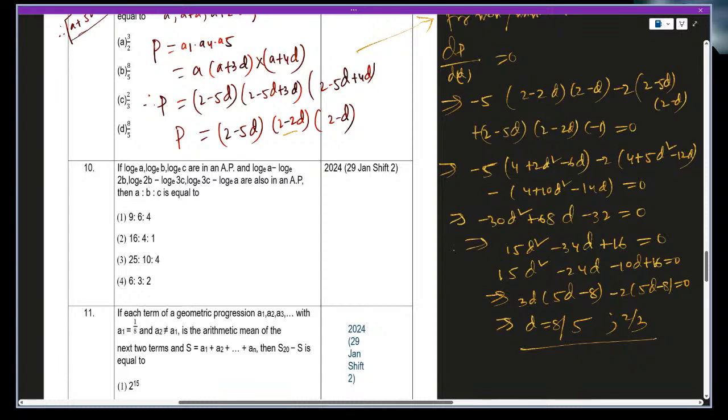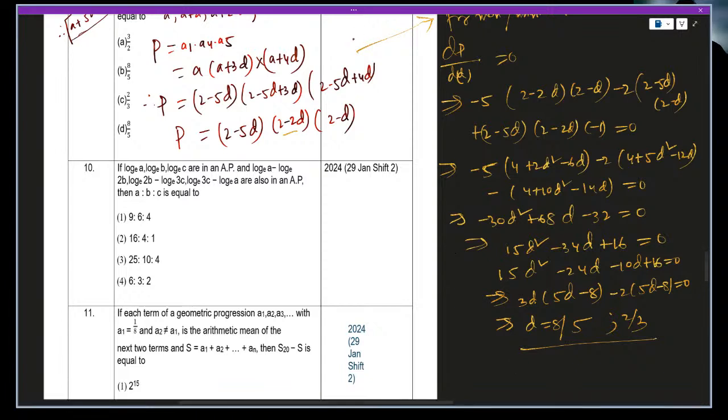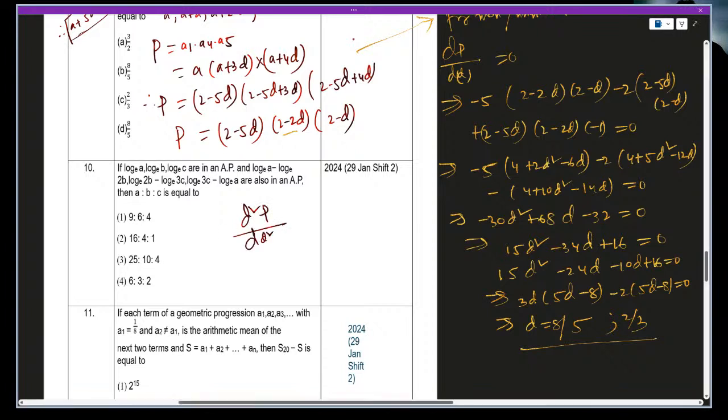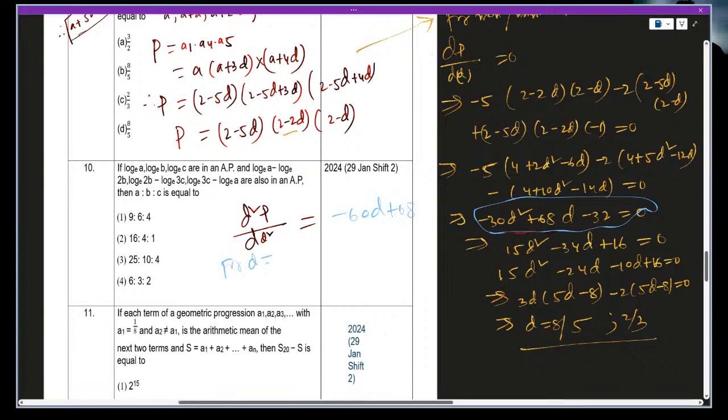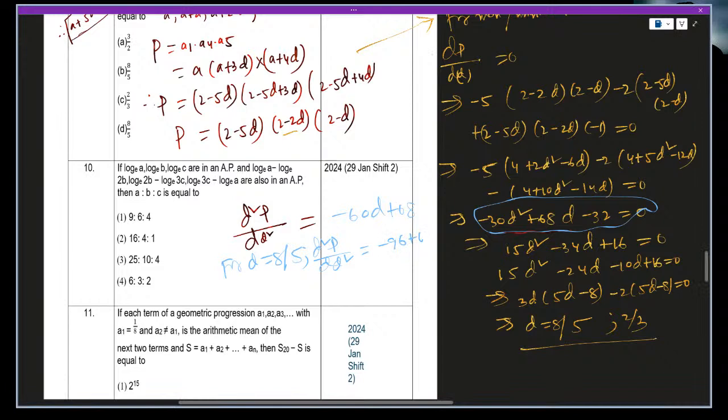You have to go for second order derivative. How much? Second order derivative of this thing. Minus 60d plus 68. For d equal to 8 by 5, this is how much?